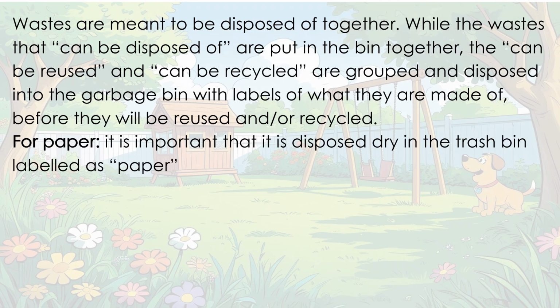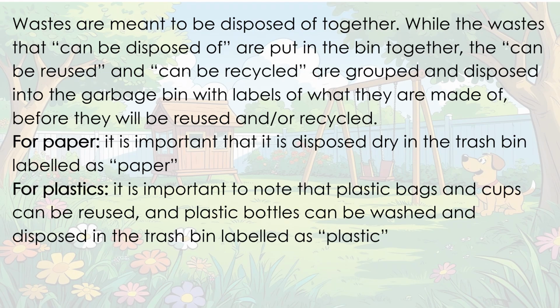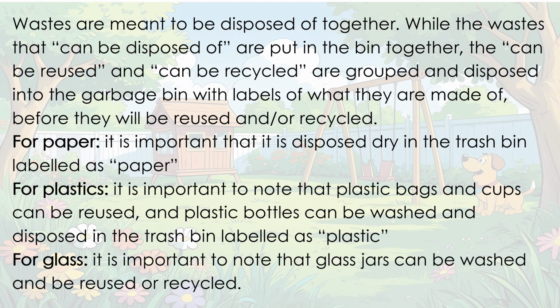For paper, it is important that it is disposed of dry in the trash bin labeled as paper. For plastics, it is important to note that plastic bags and cups can be reused and plastic bottles can be washed and disposed of in the trash bin labeled as plastic. For glass, glass jars can be washed and reused or recycled.